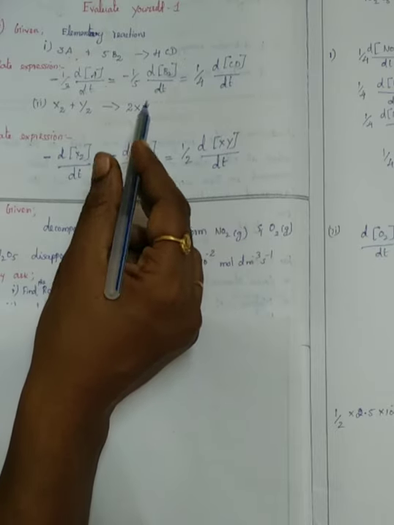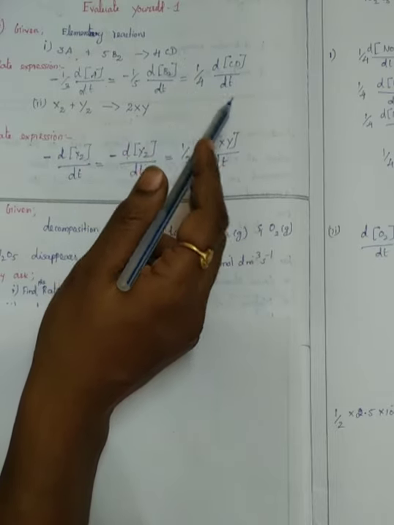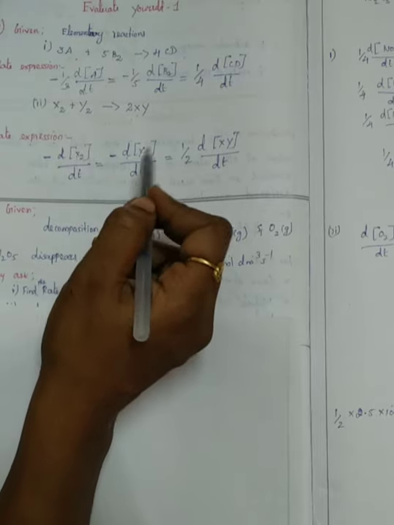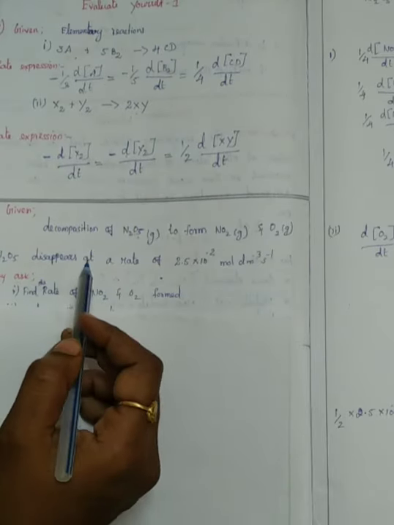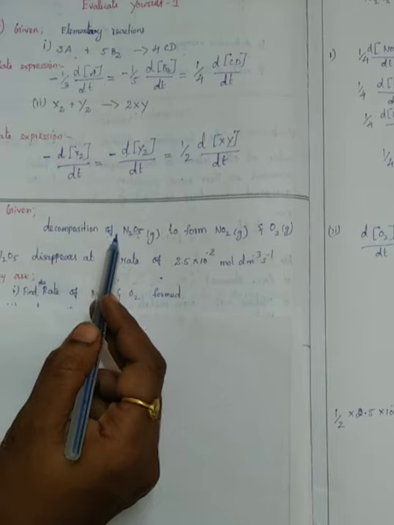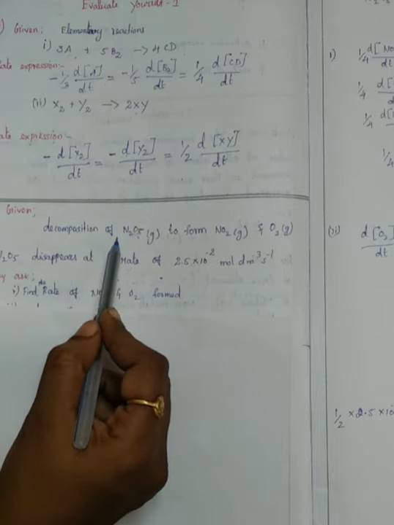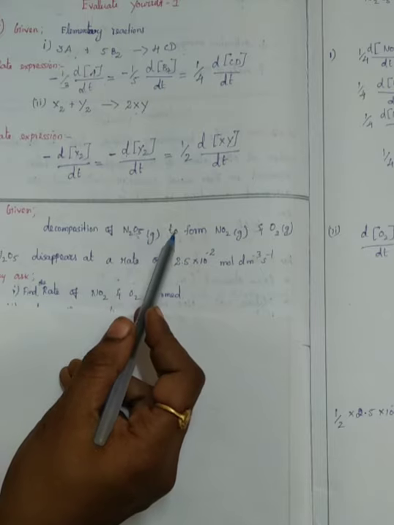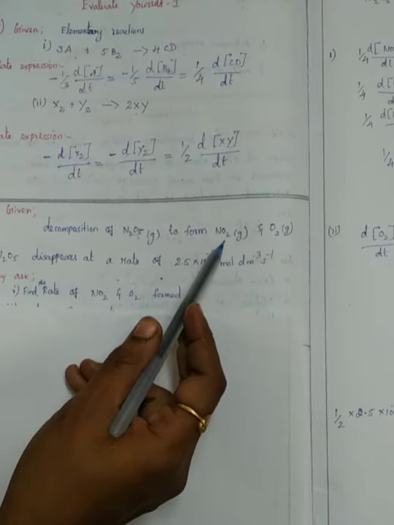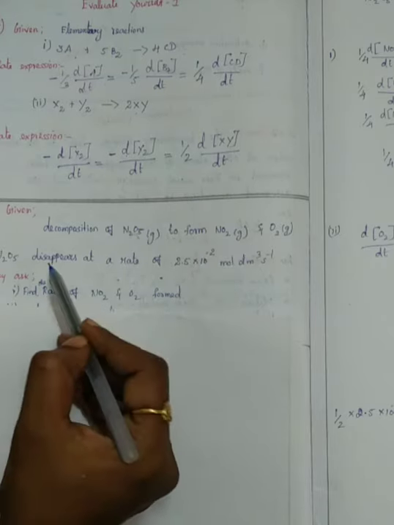So in Evaluate Yourself 1, the first sum we saw. Next we are going to see the second sum. What is given in the second sum? Decomposition of N2O5 to form NO2 and O2.